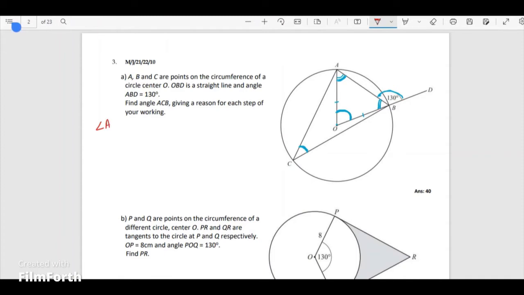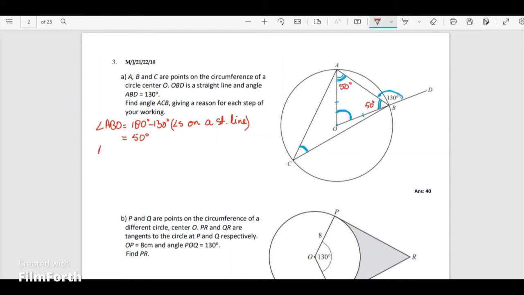So angle ABO would be equal to 180 degrees minus 130 degrees. The reason for this is angles on a straight line. So this would be 50 degrees. So this is 50 degrees, that means this is also 50 degrees.